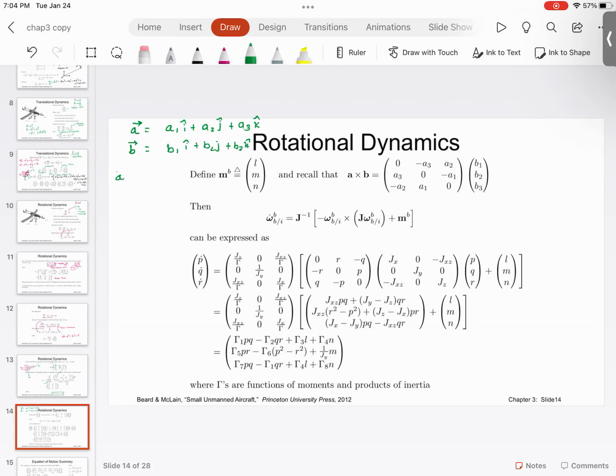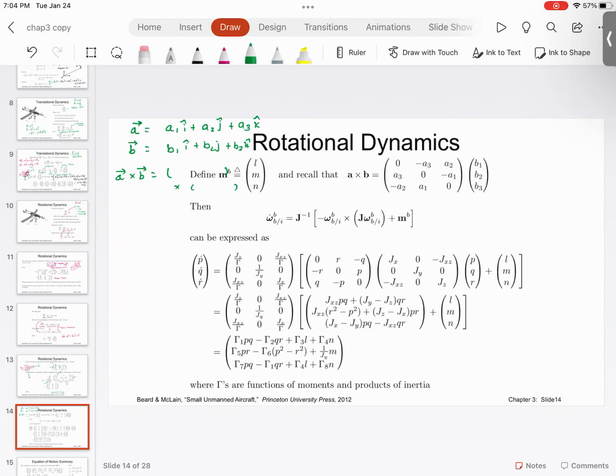And if I say A cross B, then I need to have these terms crossing with these terms. Then I will have to use the circle of vectors and find out the cross product terms.